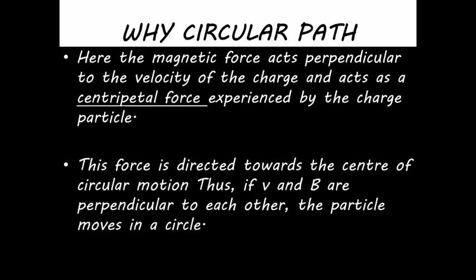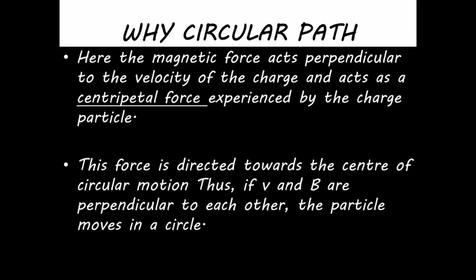The question here is why the circular path. In the exam, a 1 marker question can come, or you can always write the explanation on your own: since the magnetic force here, which is F equal to qv cross B, is acting perpendicular to the velocity of the charge, this magnetic force is providing the necessary centripetal force for the charged particle to move in a circle.